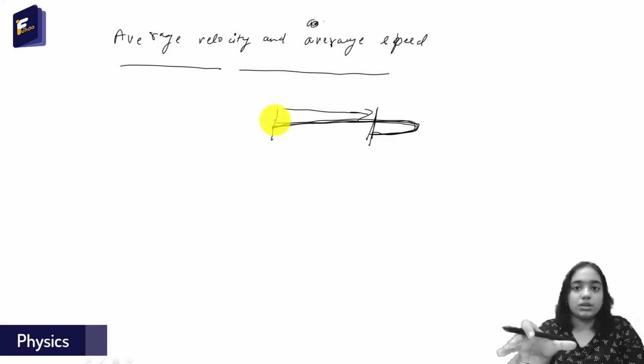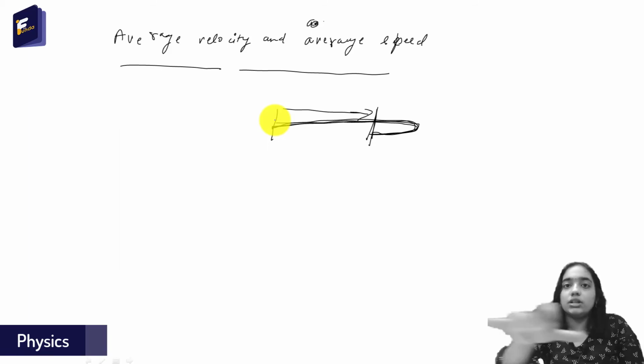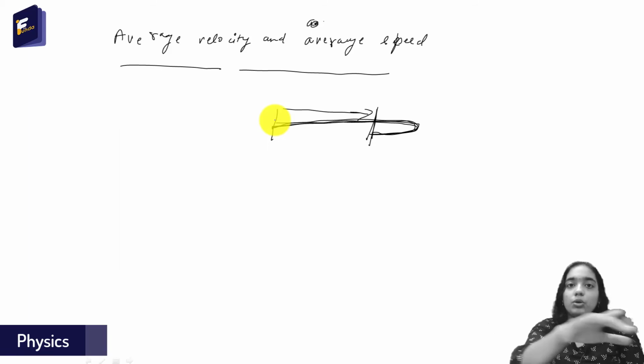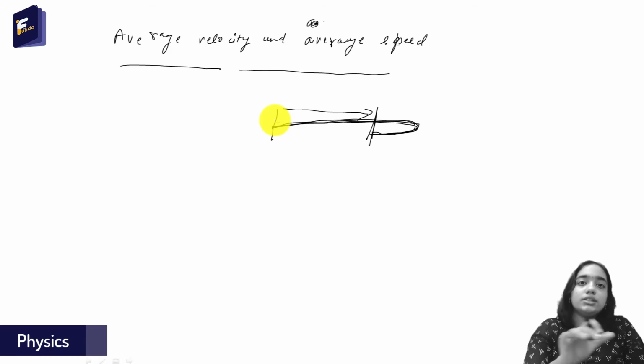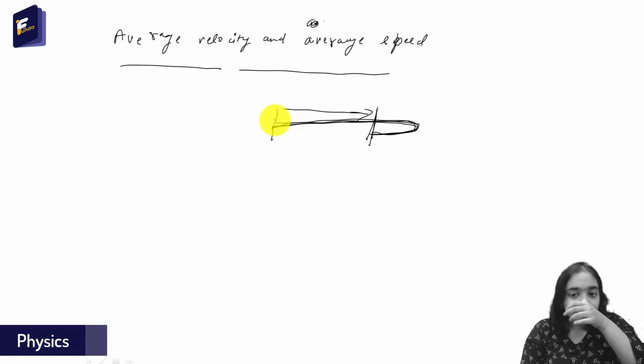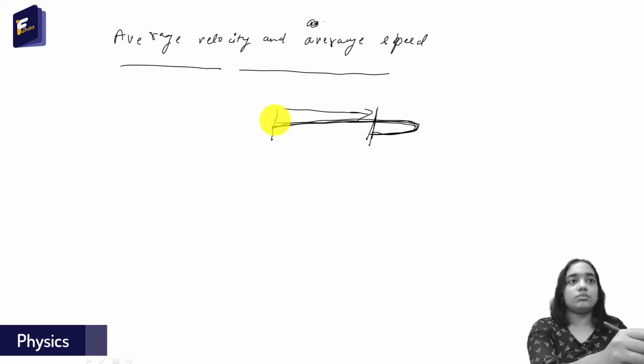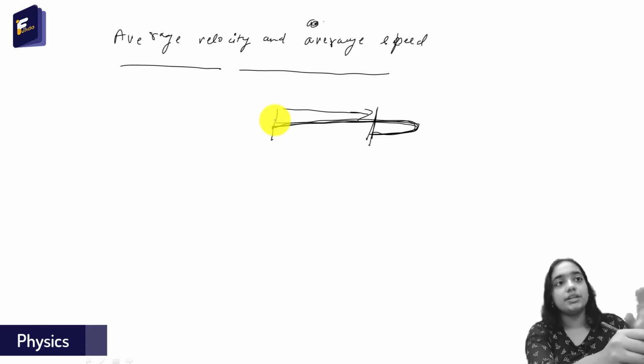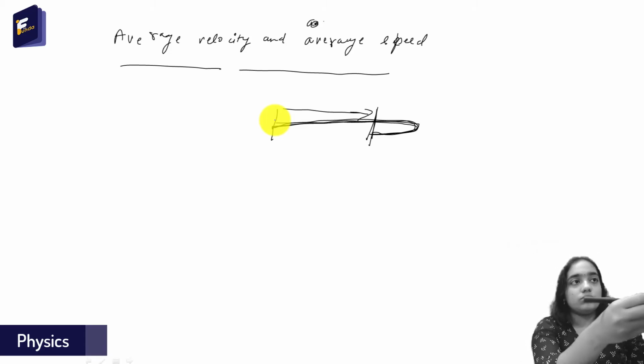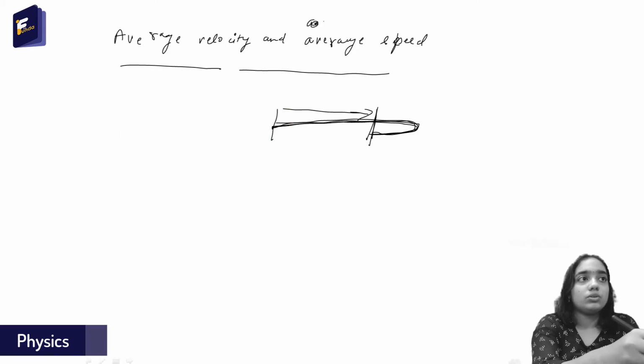That is the displacement. But the total journey, the sum of the whole path length it covered, is the distance. So it is important to know the difference between displacement and distance to learn about average velocity and average speed. That's why I told you.